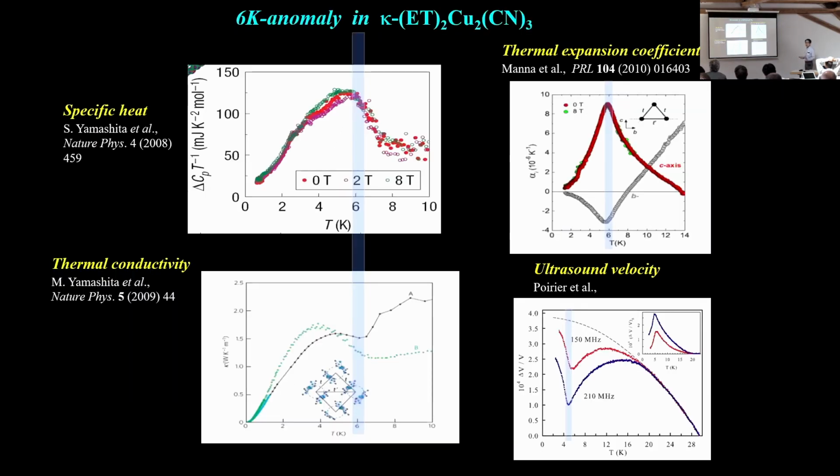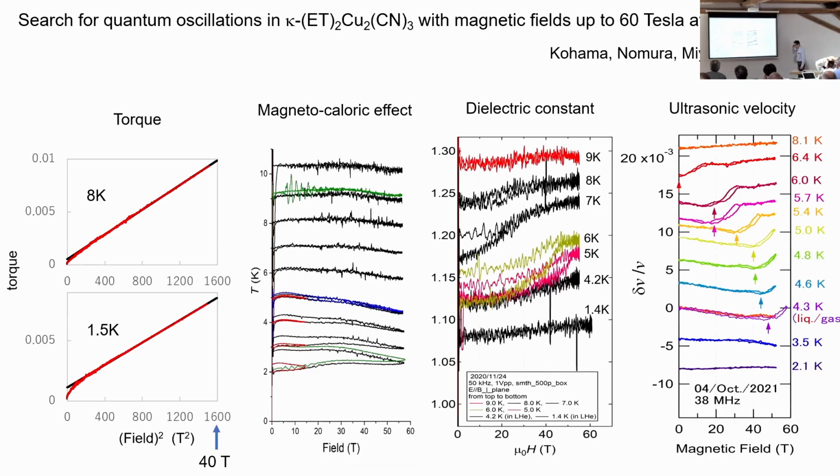Okay, the 6 Kelvin anomaly. Maybe you know this anomaly well. Michelle explained. So 6 Kelvin is a very key temperature. We searched for quantum oscillations in this spin liquid candidate, because the spinon Fermi surface model is one candidate for the quantum spin liquid.